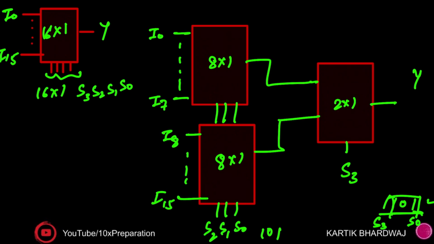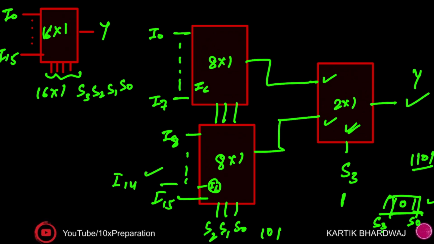So 101 means it will select the 5th line, but actually this is the 6th because it starts from I0, so it will select I6 in each 8 cross 1 mux. Two outputs will come, and since S3 is 1, the second one is selected. So 1101 is 14, I14 is selected and comes out at the output.